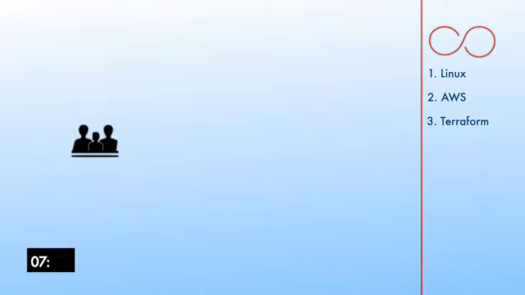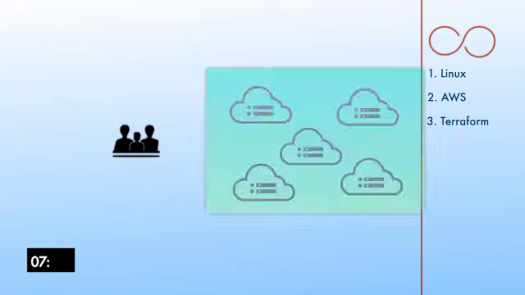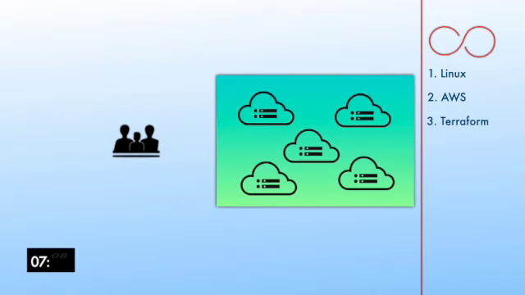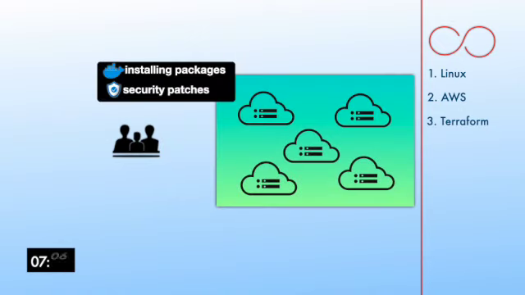The reality is that most of the DevOps activities center around working directly on the servers, like installing packages and doing security patches on several nodes. So with hundreds or thousands of servers, it is not realistic to be doing security patches or upgrading to the latest packages on those servers one by one.